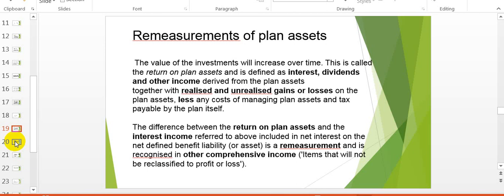If that total is different from the closing balance, you've got a remeasurement or an actuarial gain or loss, which you take to other comprehensive income.